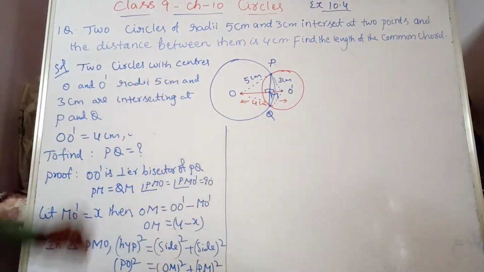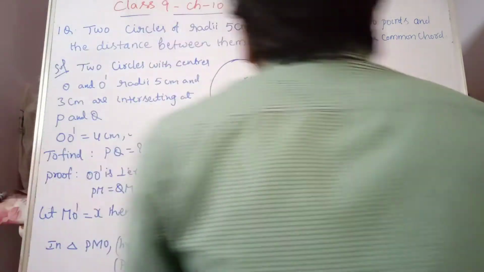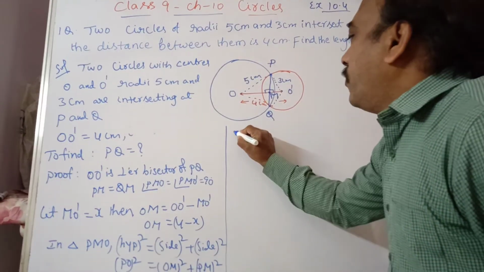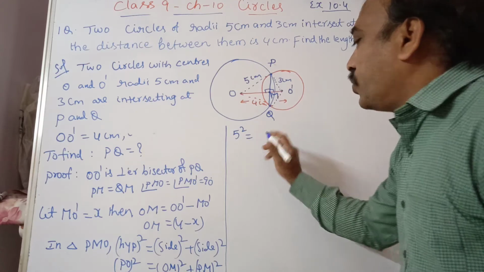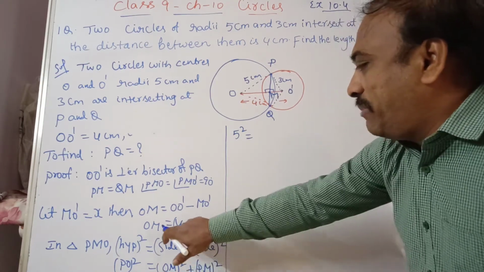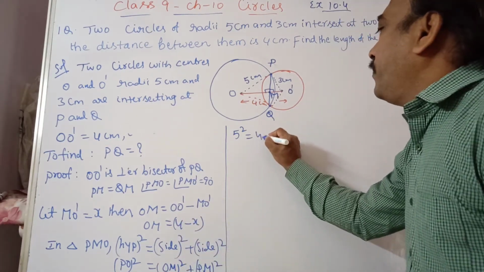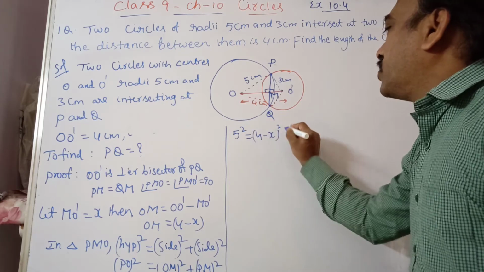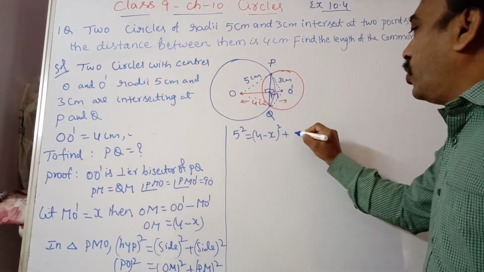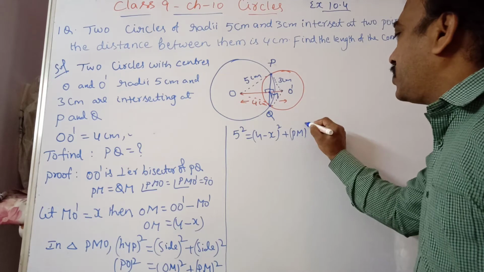What is PO? We know that the radius is 5 centimeters. So 5 square is equal to OM, which we got as (4 minus x) whole square, plus PM square.